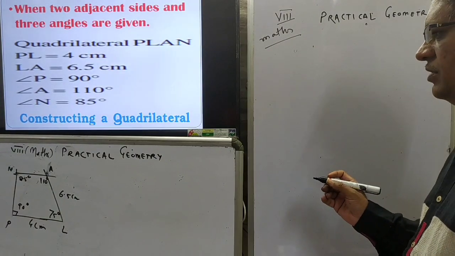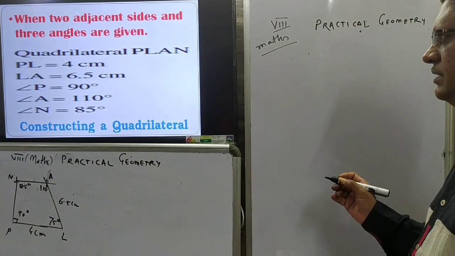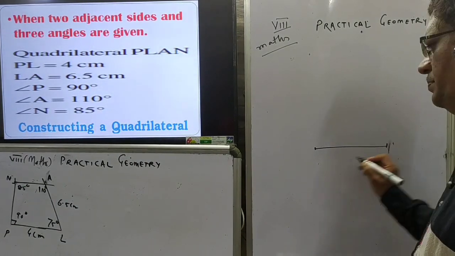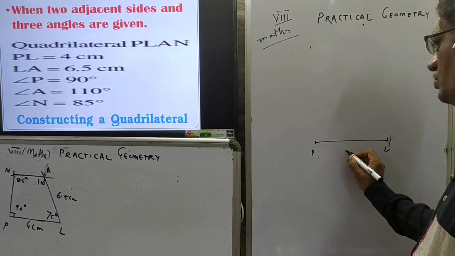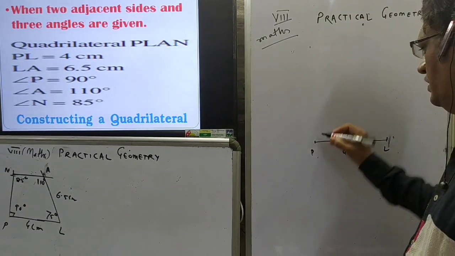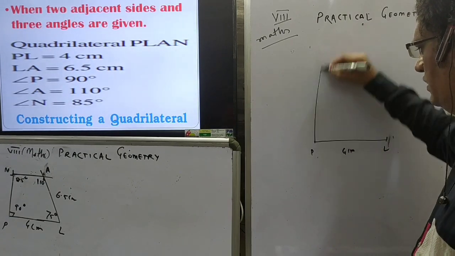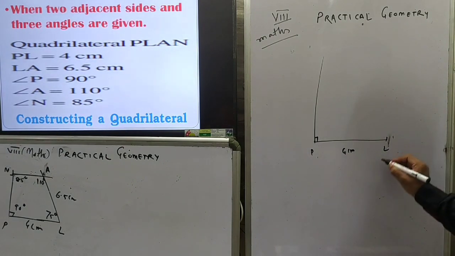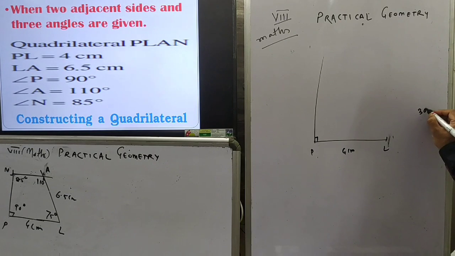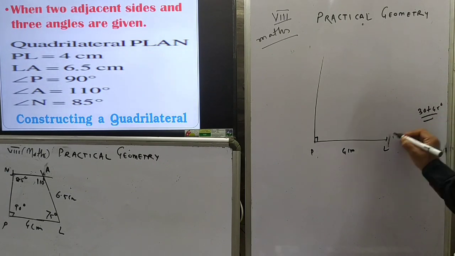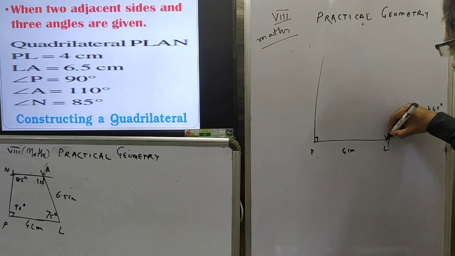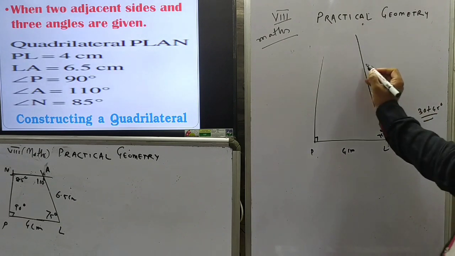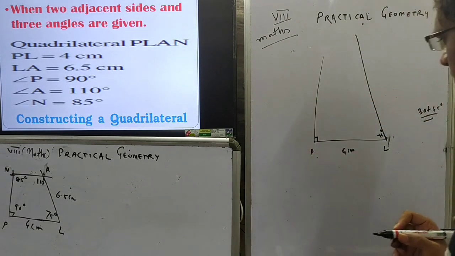Now we proceed to construct quadrilateral PLAN. First of all, we construct PL equal to 4 centimeter. Now construct this angle 90 degree over here. We can construct 75 degree, which is equal to 30 plus 45 degree. But we cannot construct 110 degree.